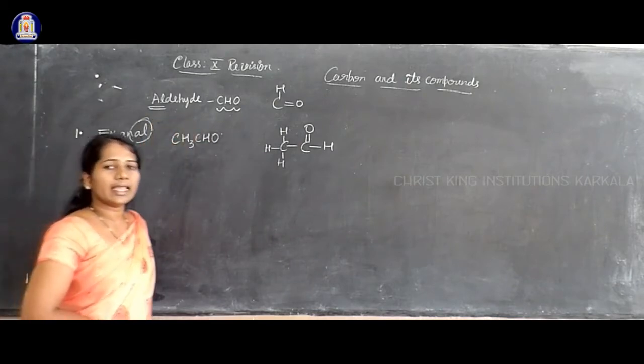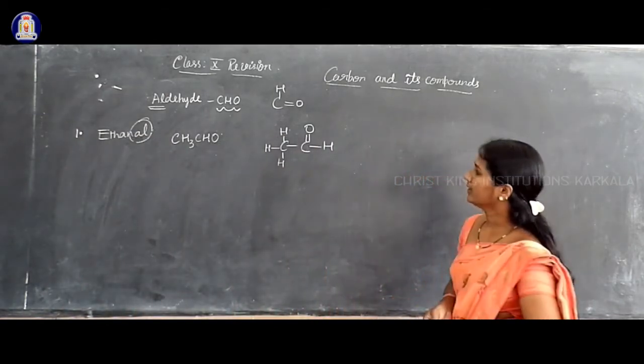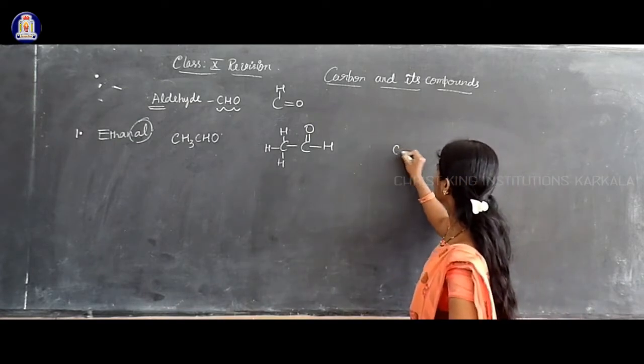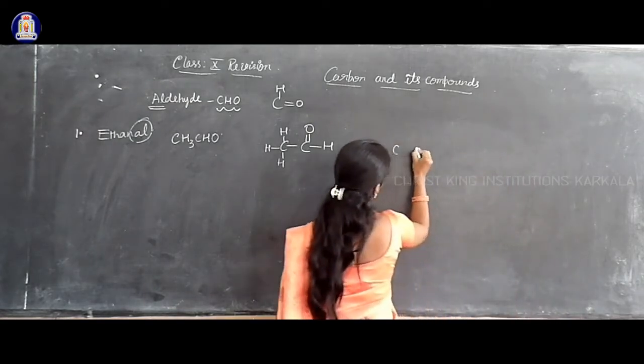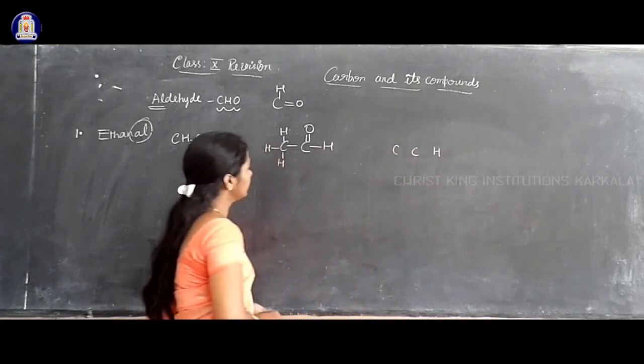Now we will write the electron dot structure of ethanal. How to write it? Write 2 carbons and 1 hydrogen. Now we complete the bonds.